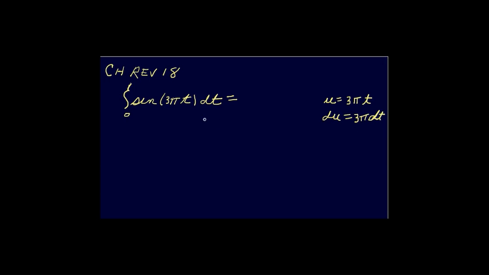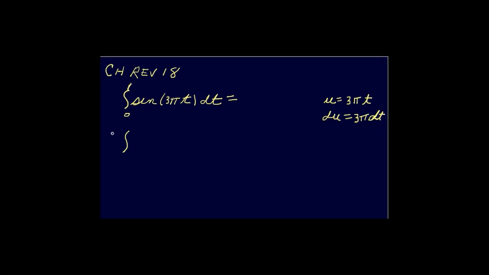So you can see over here that we have sine of u, but we don't have du because we're missing a factor of 3 pi. So in order to accomplish that setup that will allow me to move to here, let me work down, I'm going to do the following.